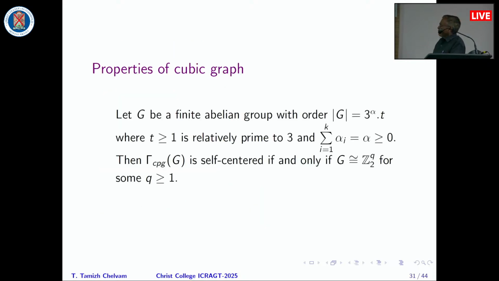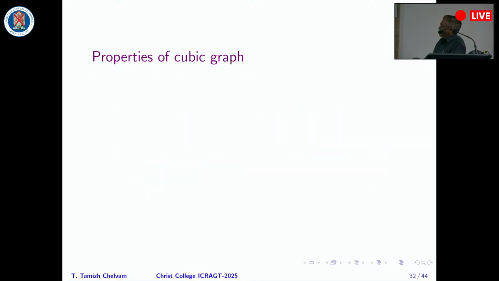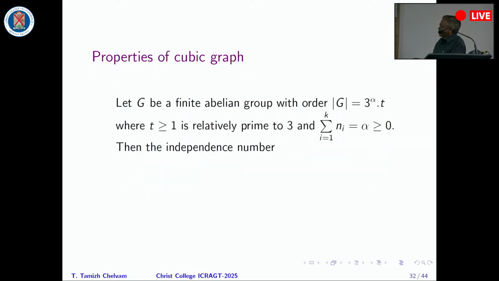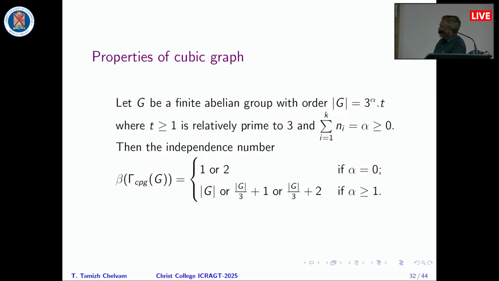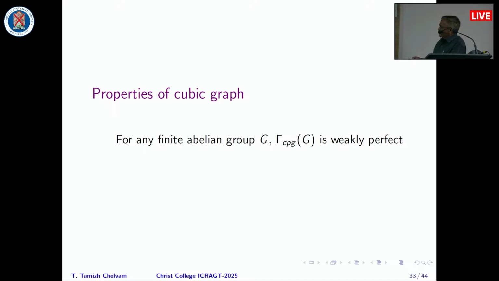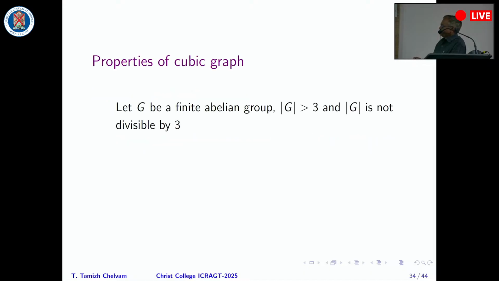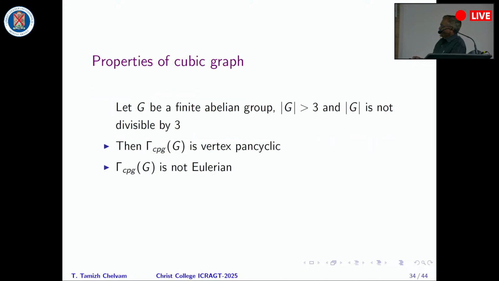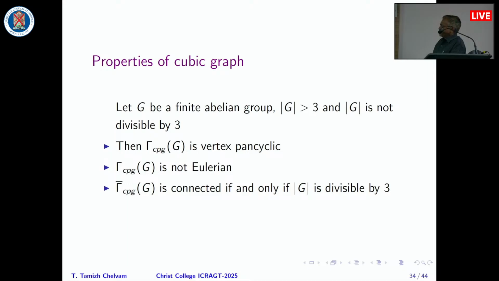Okay. So independence number, it is weakly perfect. When the order is not divisible by 3, it is vertex pancyclic and not Eulerian. And as I said, there we have our properties.